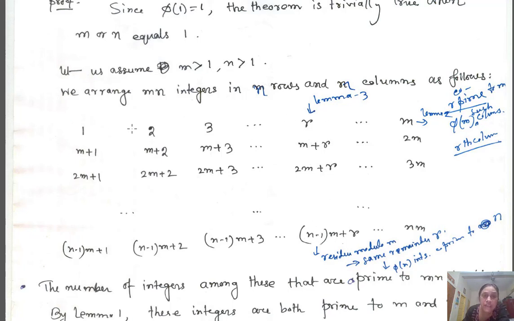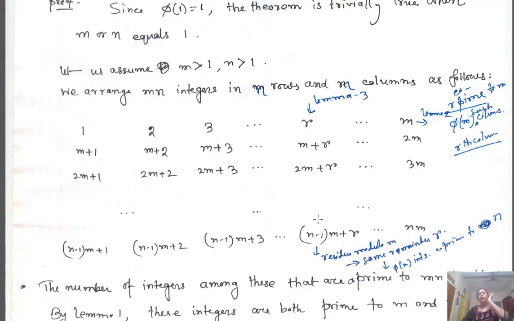So phi m many columns are co-prime to m. In each of these phi m many columns, suppose this is one of them, all are co-prime to m, as well as phi n many are co-prime to n.